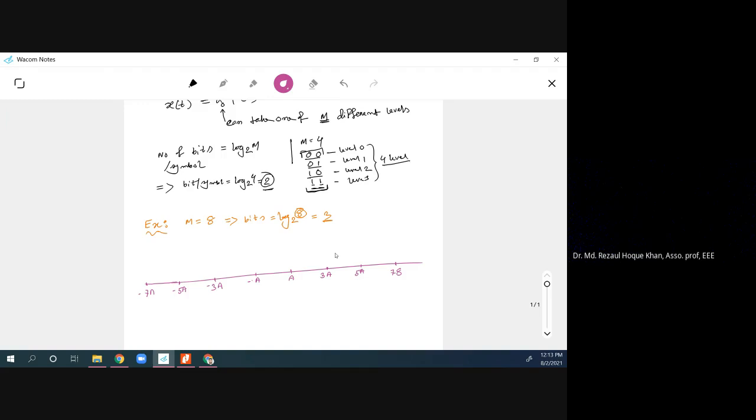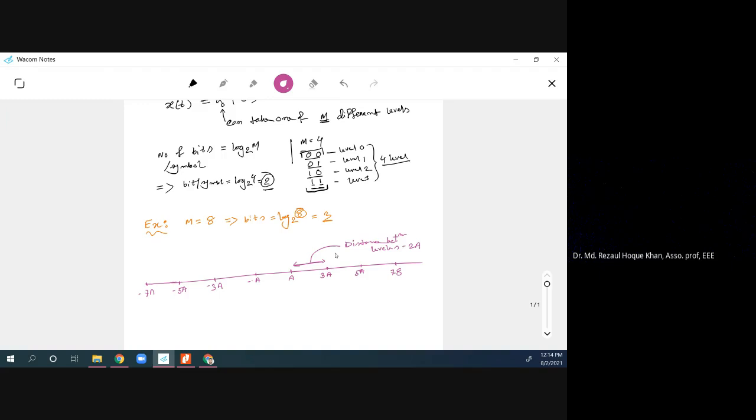Here we are assuming the distance between any two levels is twice A. That's all.